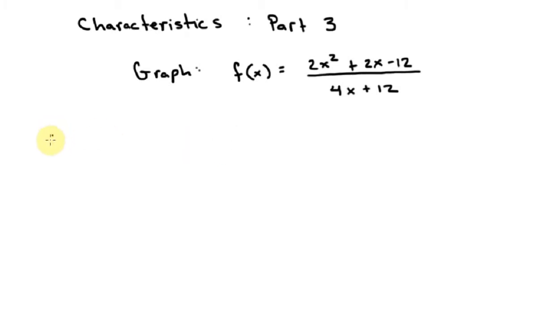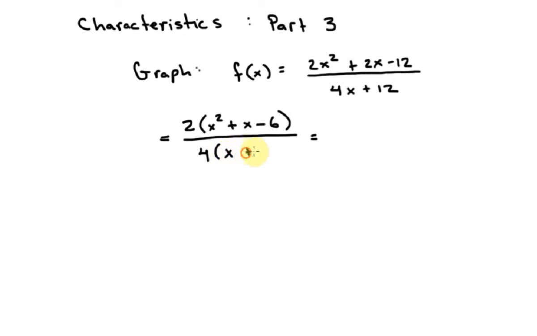So we're going to start off by looking at, I guess, factoring it. Yeah, that's what we're going to do. So we're going to take out that common 2 on the top. So that would be x squared plus x minus 6. It looks like I might be able to factor that some more. And on the bottom, I can take out a common 4.